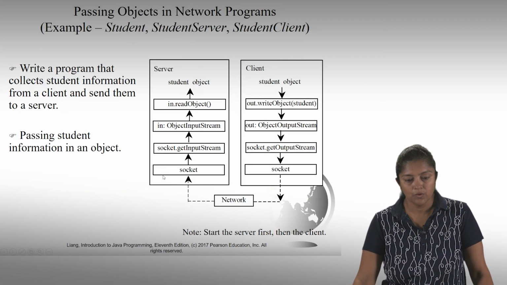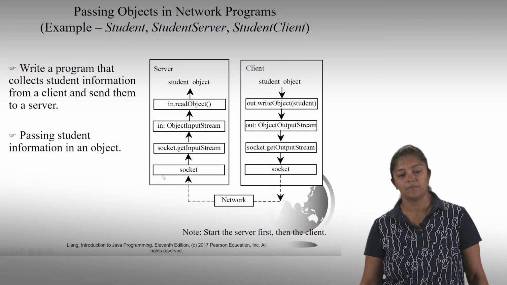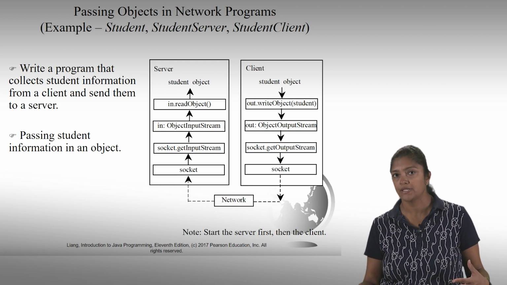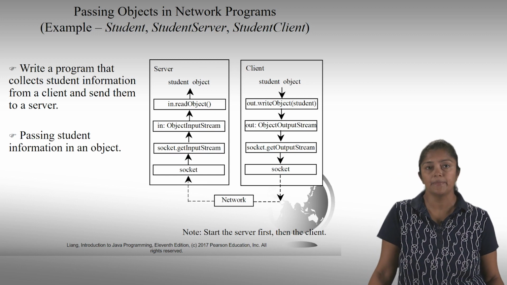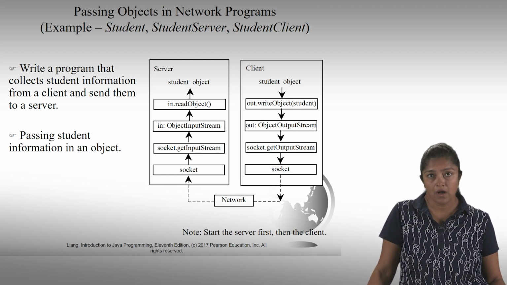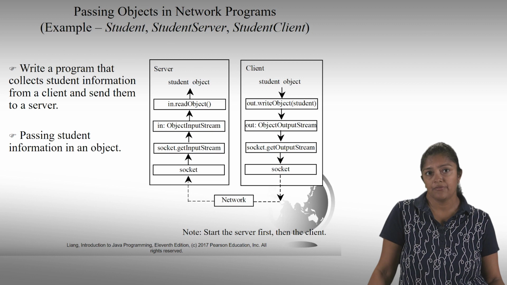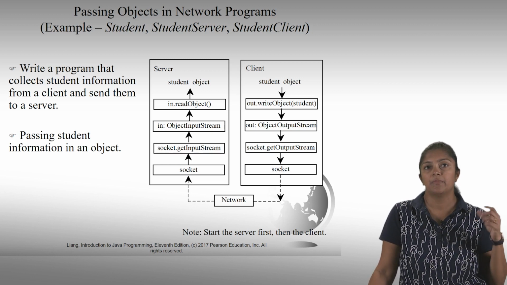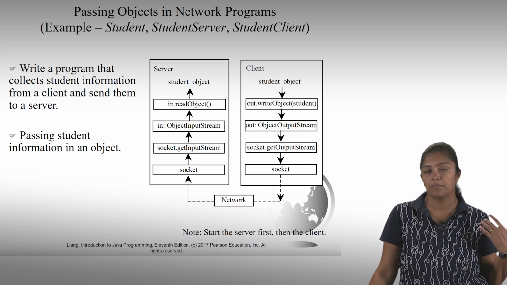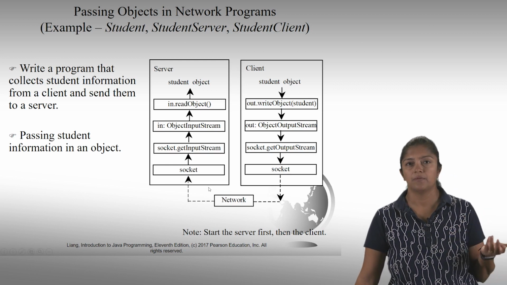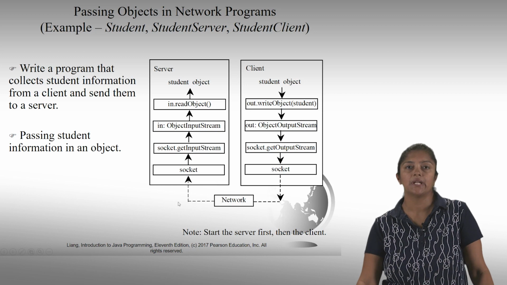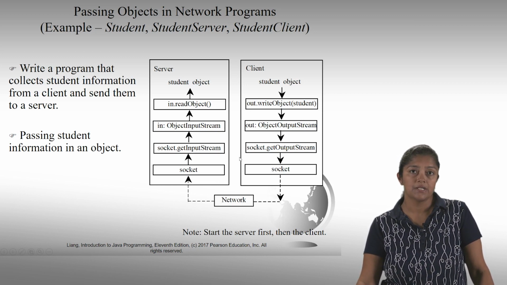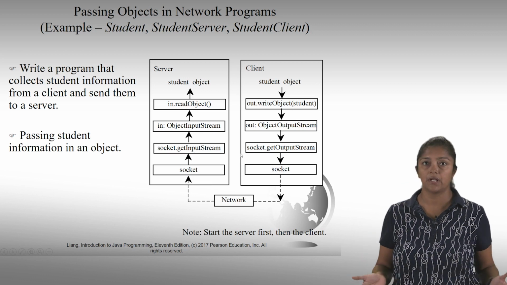The last thing I wanted to mention is that just like we use the data input and output streams because we're passing data of primitive data types, if we need to pass objects, that's still fine. Say, for example, you have a student class with multiple data fields such as name, SSN, and some other information about the student like the grade and their major, and we want to pass the student object between the server and client.